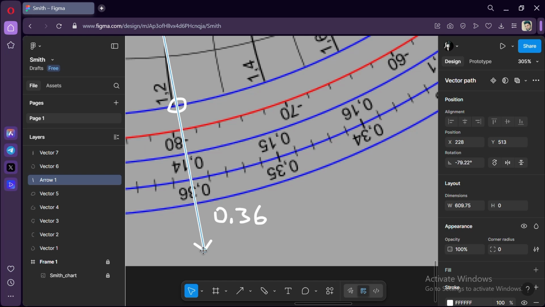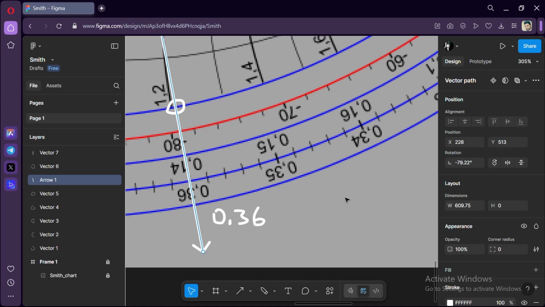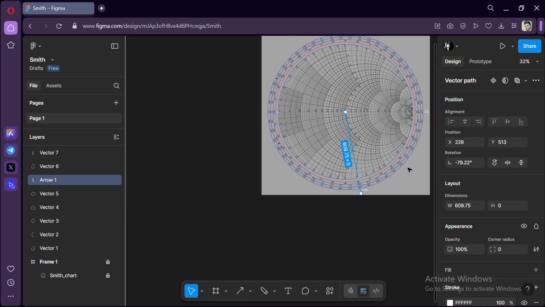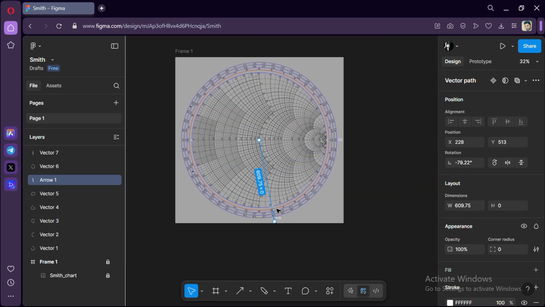So this is the distance between the two points, the length here. We just need to subtract this 0.25 from the bigger value, 0.36, since we are coming from here to here.